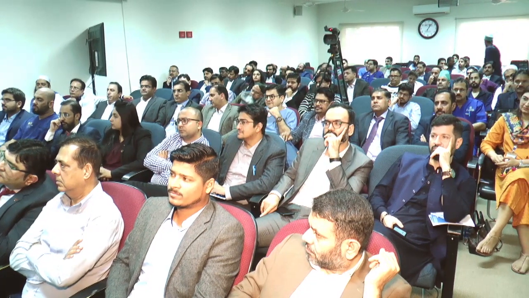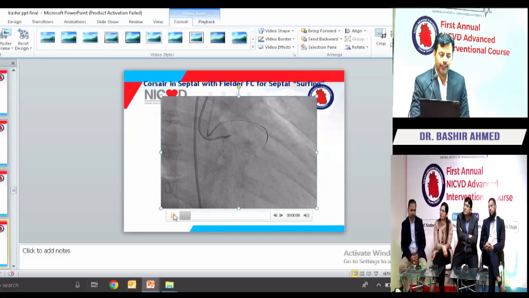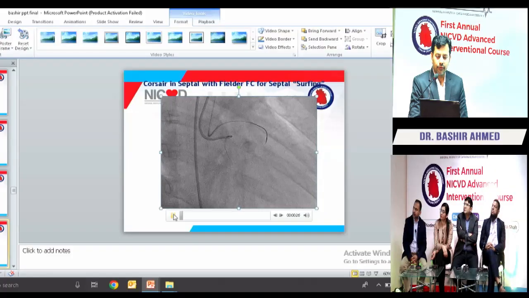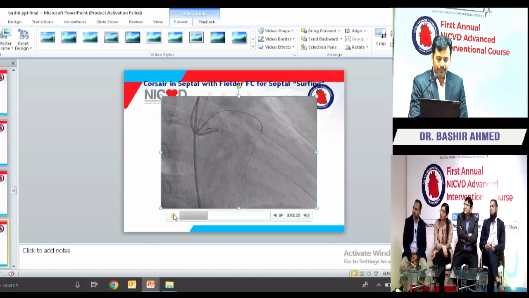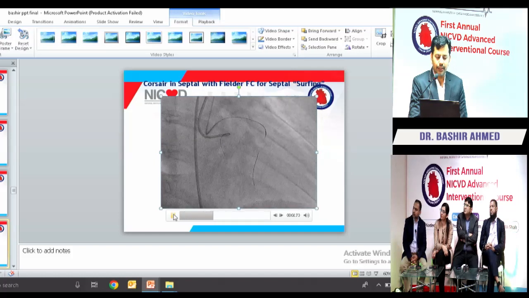In this slide, the operator has tried antegrade first and put the wire probably in the subintimal layer, then started septal surfing, and with the support of this microcatheter, the wire was parked at the distal cap of the CTO.